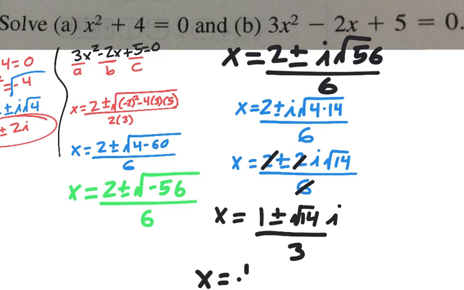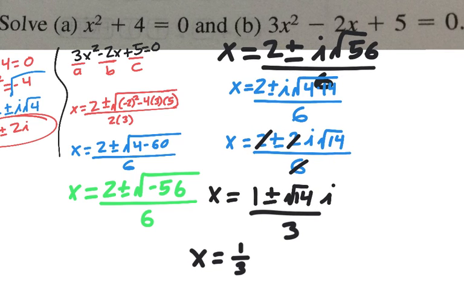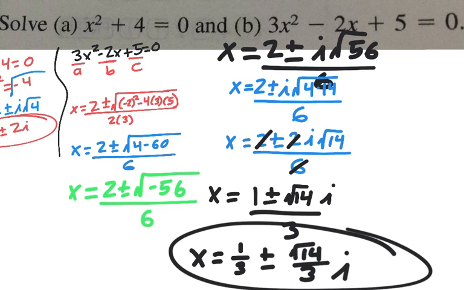Which means I can write this as 1/3 plus or minus the square root of 14 over 3 i. That way it looks like a complex number. So again, that's two complex numbers.